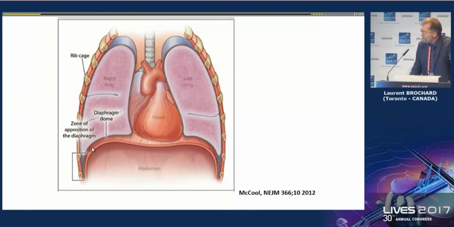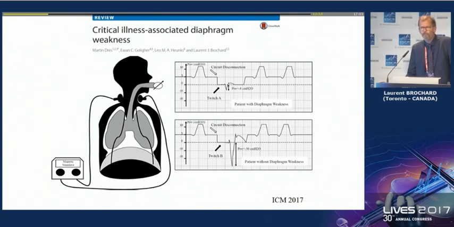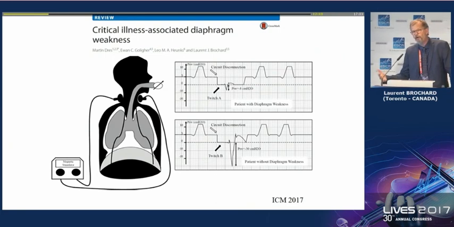And what you see is that the zone of apposition of the diaphragm is progressively reduced when the diaphragm is contracting and shortening. So let me try first to convince you that having more assessment of the diaphragm is probably important and has been underestimated until now.